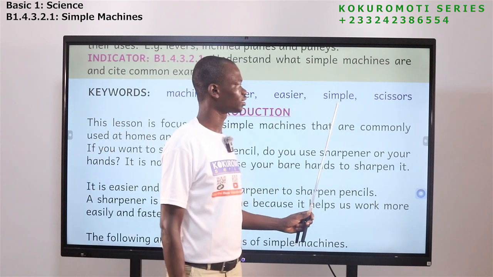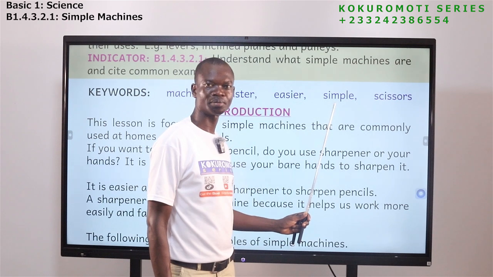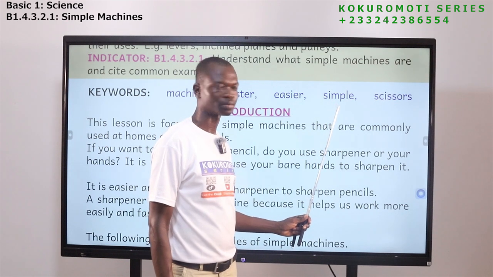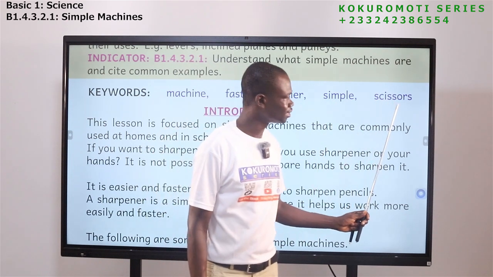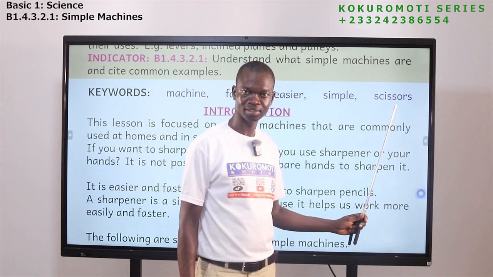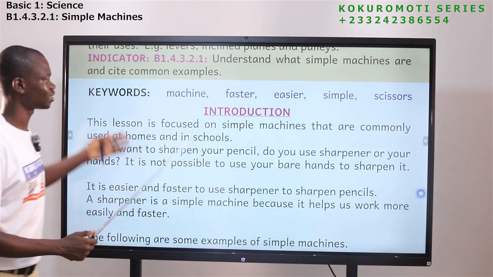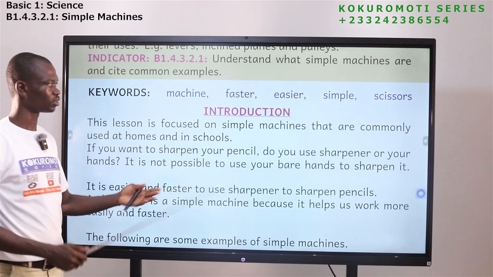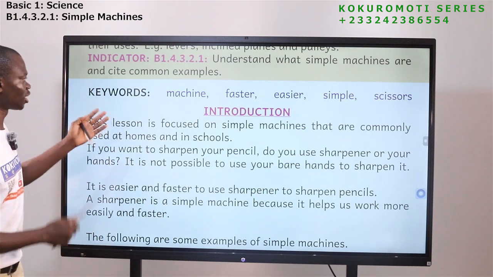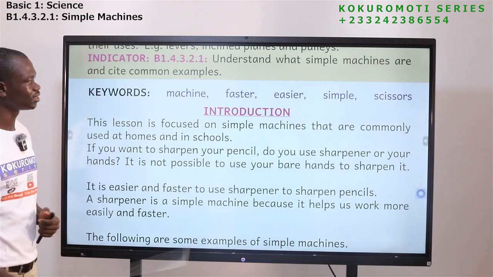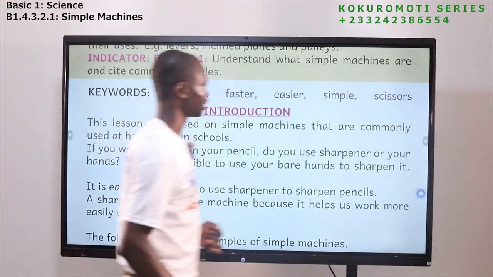The next word is simple. And we have scissors. You will get to understand these words as we continue with the lesson. So machine, faster, easier, simple, scissors.